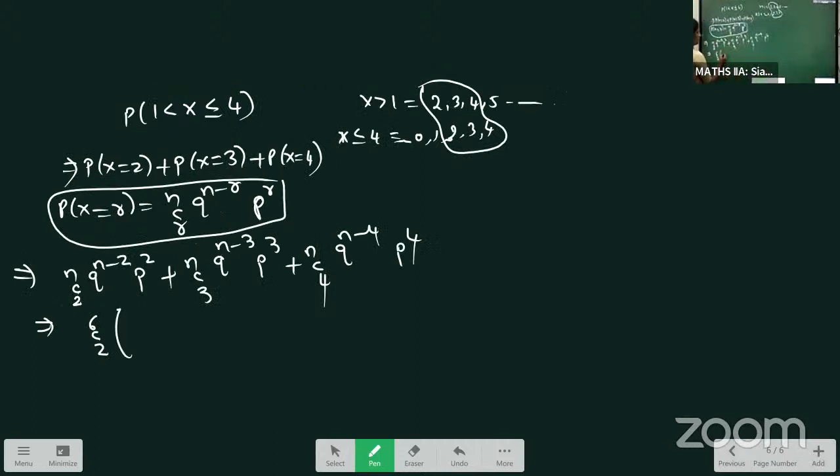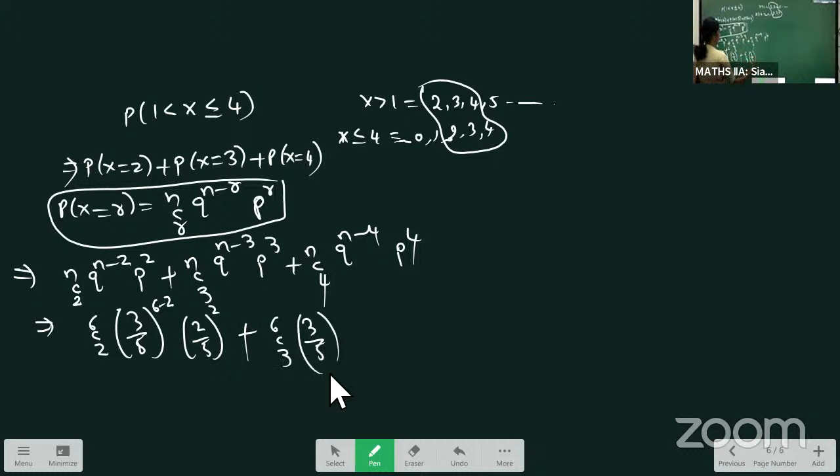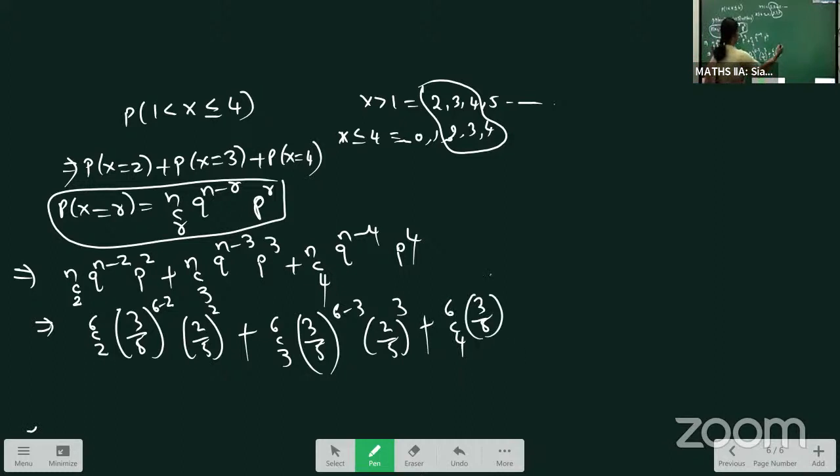So 6C2 into 3 by 5 to the power 6 minus 2, into 2 by 5 to the power 2, plus 6C3, 3 by 5 to the power 6 minus 3, 2 by 5 to the power 3, plus 6C4, 3 by 5 to the power 6 minus 4 and 2 by 5 to the power 4.